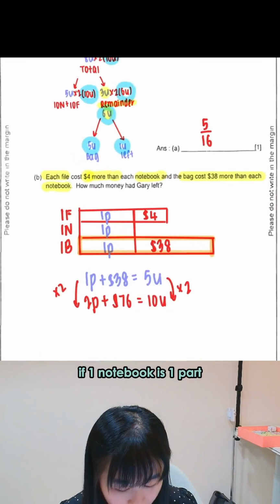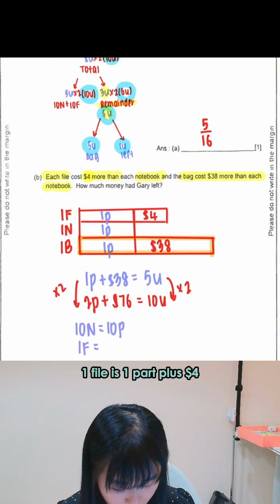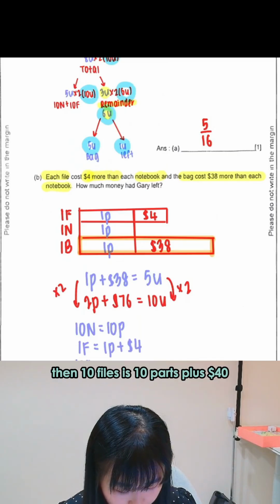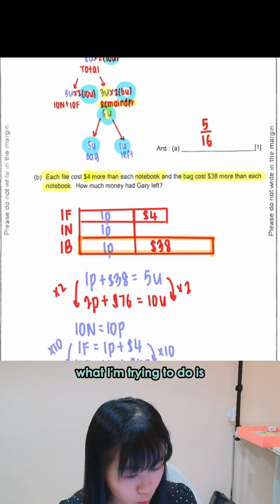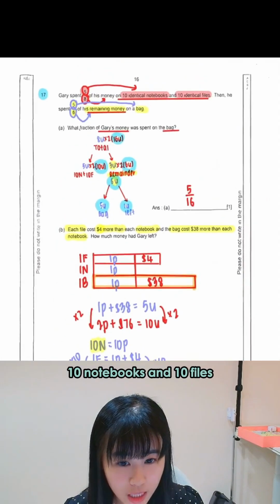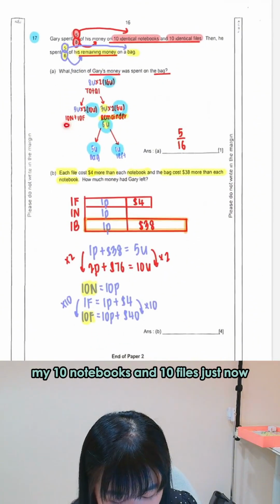If one notebook is 1 part, 10 notebooks is 10 parts. One file is 1 part plus $4. Then 10 files is 10 parts plus $40, right? Everything just times 10. What I'm trying to do is get out the 10 notebooks and 10 files so that I can make use of them, which equals my 10 units. And just now my 10 units I found out is 2 parts plus 76. So my 2 parts plus 76 equals 10 units, which is my 10 notebooks and 10 files.